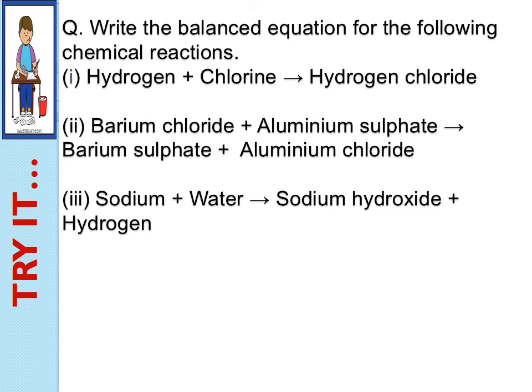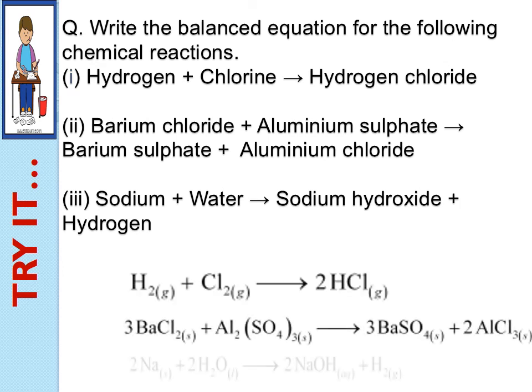I am giving you a few seconds. Please write all these answers in your notebook. To get more time, you can pause the video here. And the answer is this. You can tally this answer with your answer.